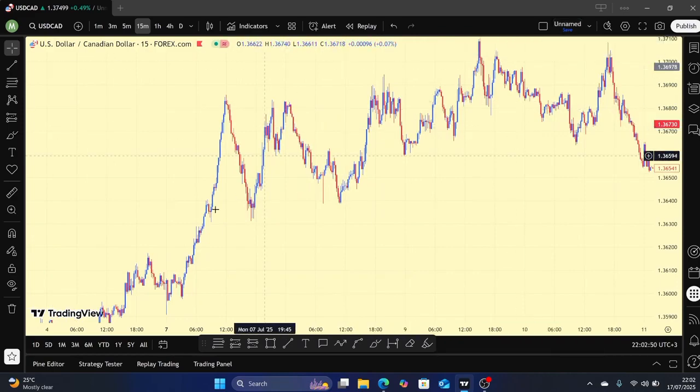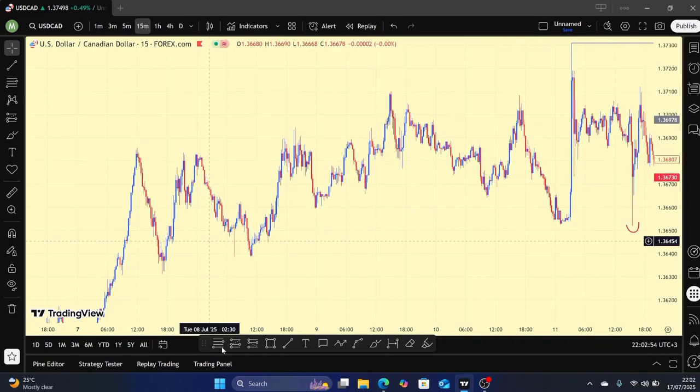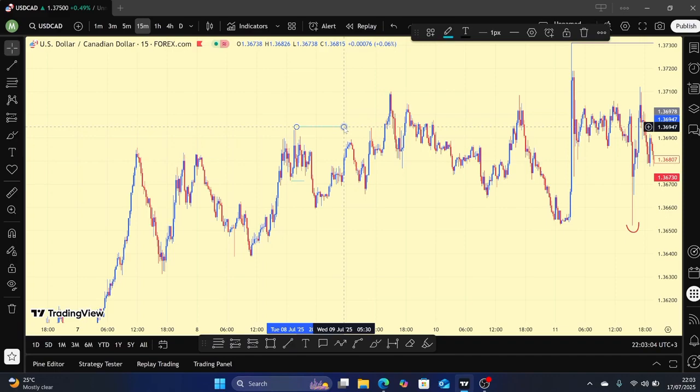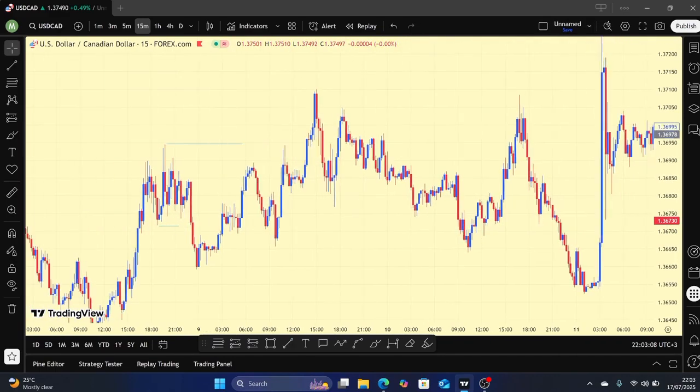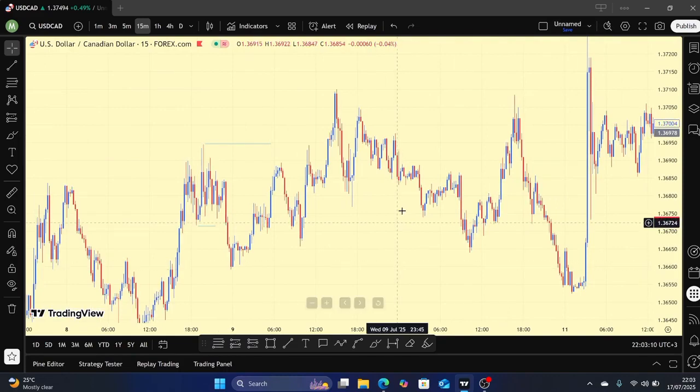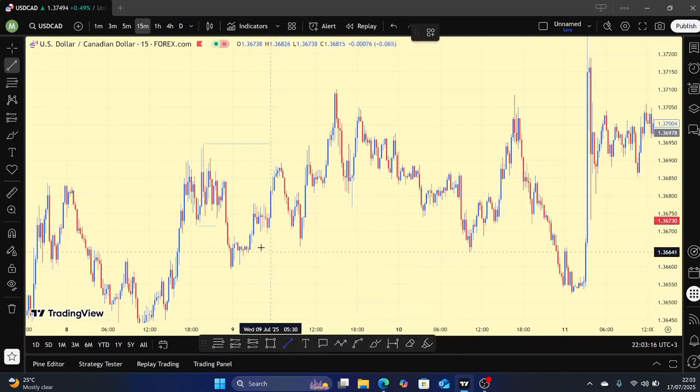So right here, where is the inducement? Right there was no inducement until here. So you can see this here the inducement was taken out, and then price made this break of structure. And if you do remember, I shared this setup also on my channel, my Telegram channel, and I took the entry from this.